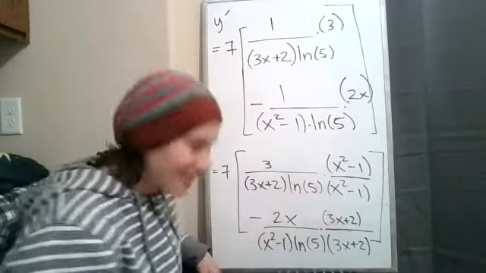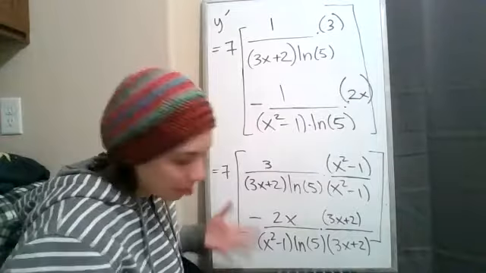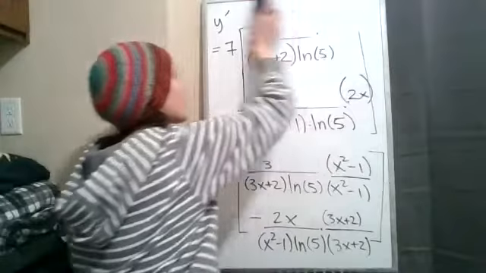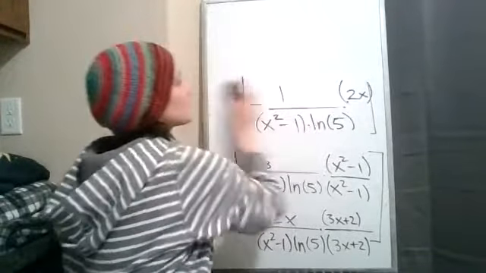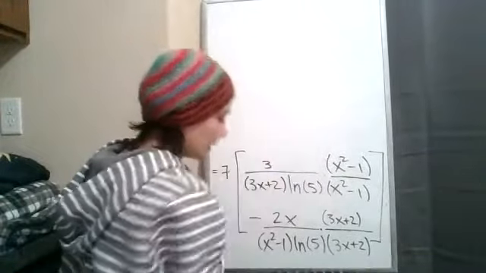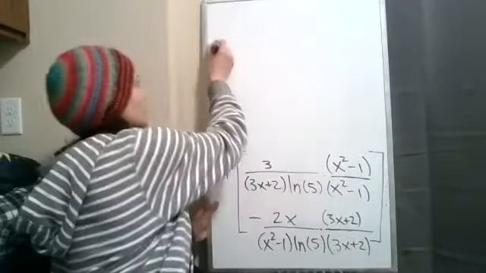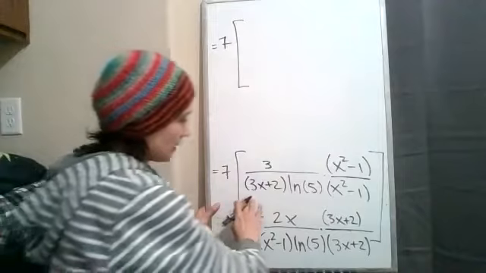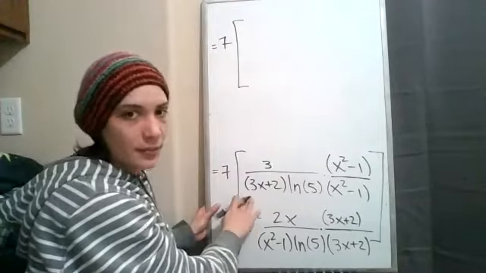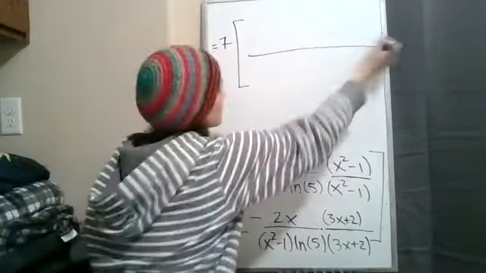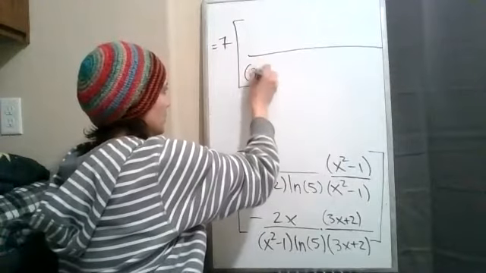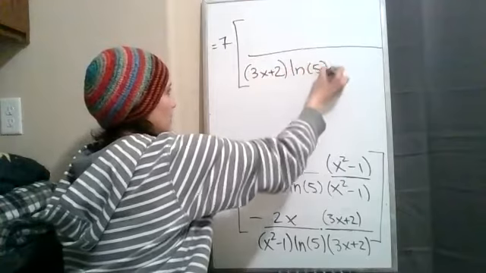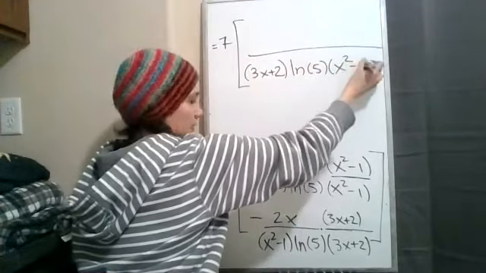We'll put everything over that common denominator. Okay, we are here. 7 times. We'll find the numerator soon, but this is 3x plus 2 ln of 5 x squared minus 1.